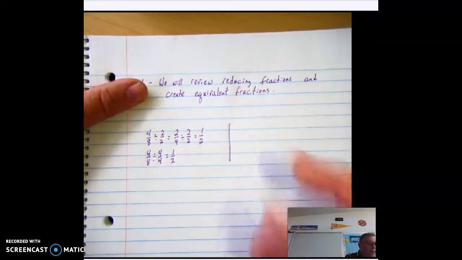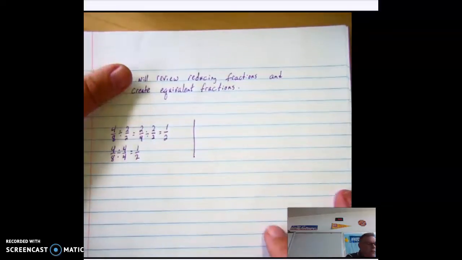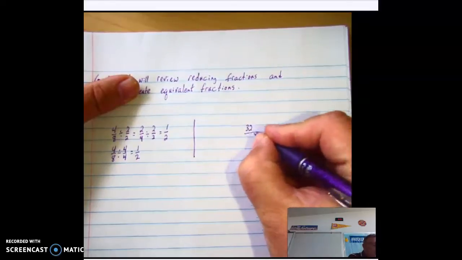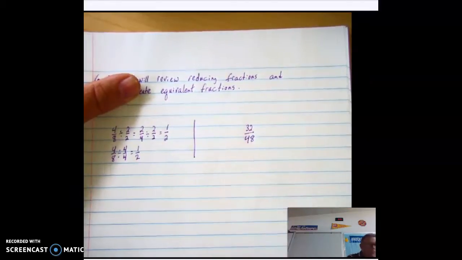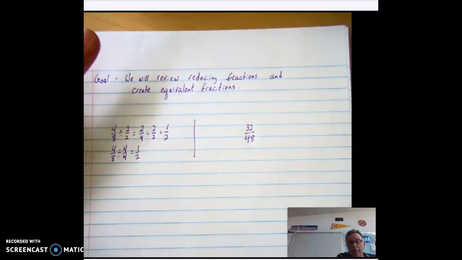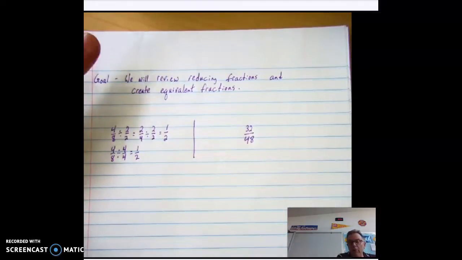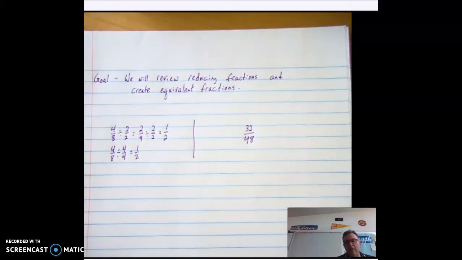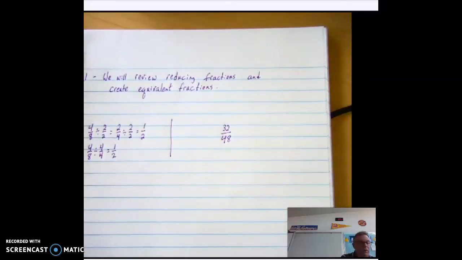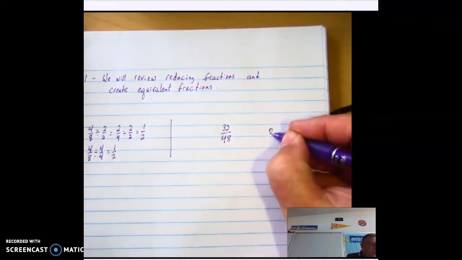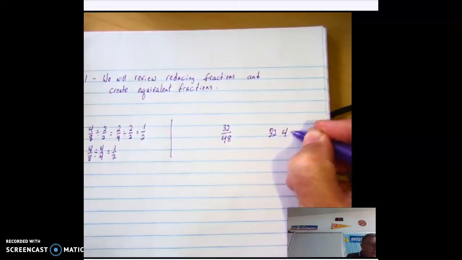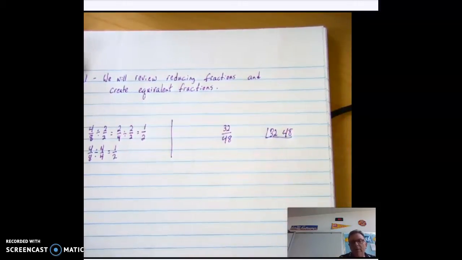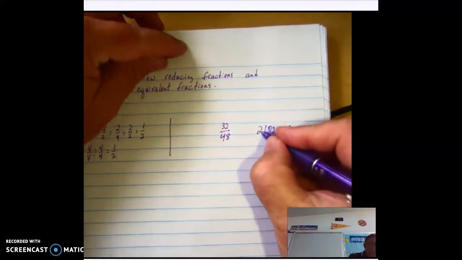One other tool that you now have in your toolbox is you could take something like 32/48. So definitely a larger fraction. But when you think about reducing fractions, it's going to work the exact same way as finding greatest common factor when you use the decomposing box. So I could also reduce 32/48. If I have a decomposing box, I could say, great, 2 works.